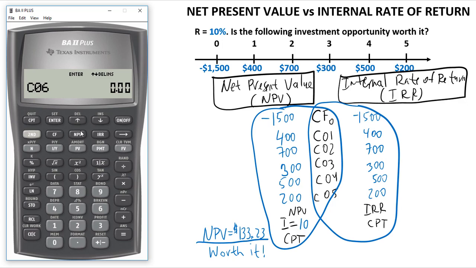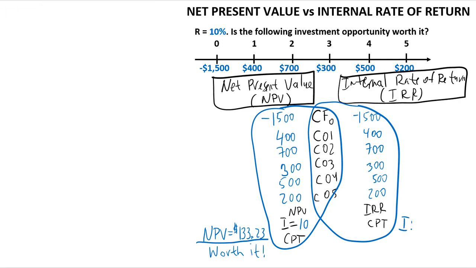And what we do now, instead of pressing the NPV button and entering the discount rate, is press the IRR button and then compute. 13.75%. Okay, so the internal rate of return equals 13.75%. See, the answer is not in dollars anymore.